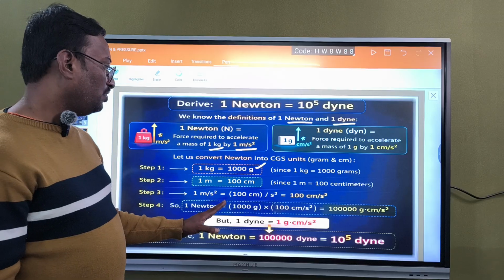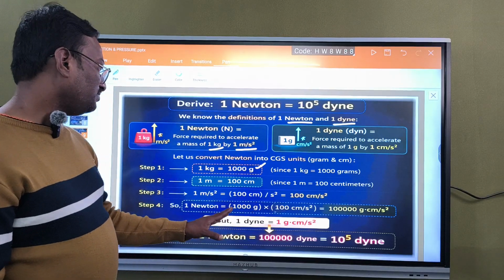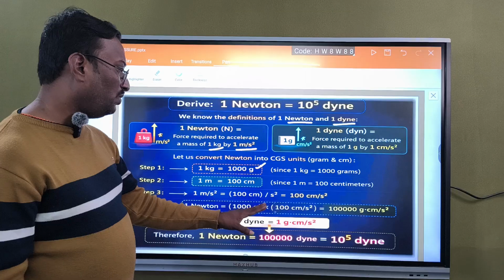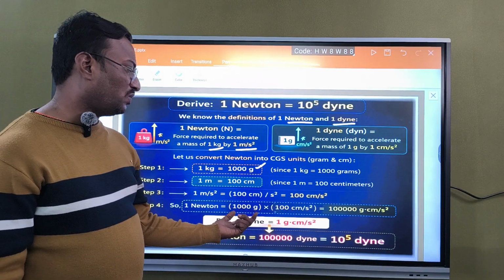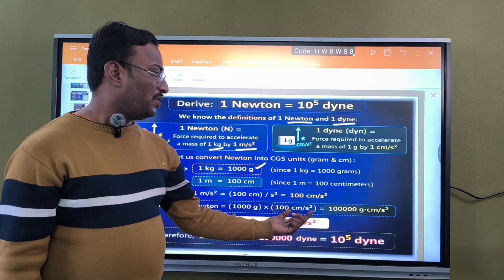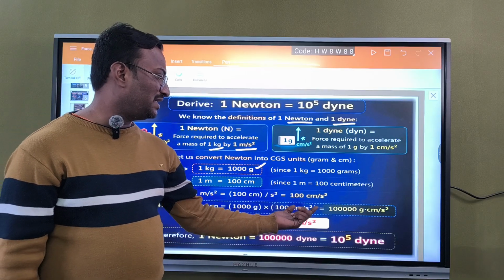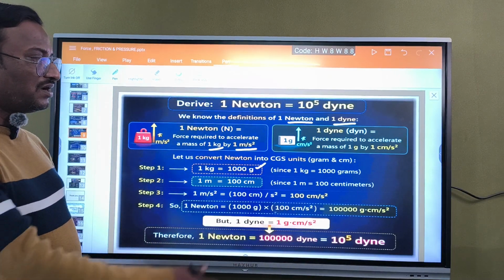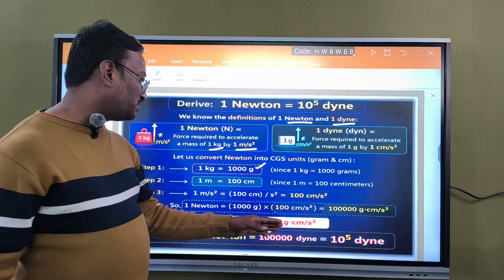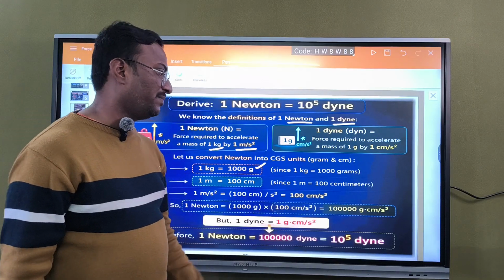So 1 Newton is equal to mass into acceleration, 1 kg into 1 meter per second square. 1 kg is 1000 grams, into 100 centimeter per second square, which is 1 followed by 5 zeros, that is 1 lakh gram centimeter per second square. But 1 dyne is equal to 1 gram centimeter per second square.